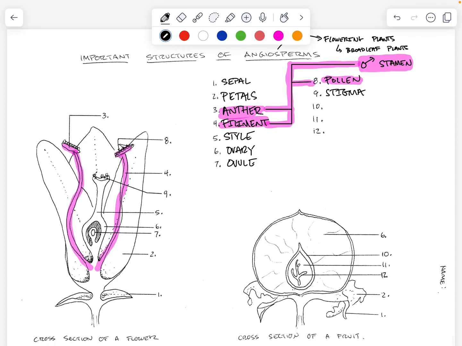Okay, so the stigma plus the style, the ovary, and the ovule all together form the female reproductive structure of the flower, and this is called the carpel.